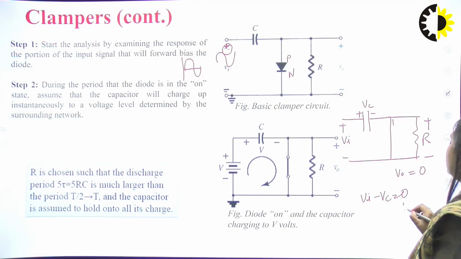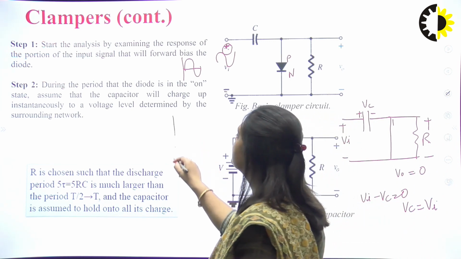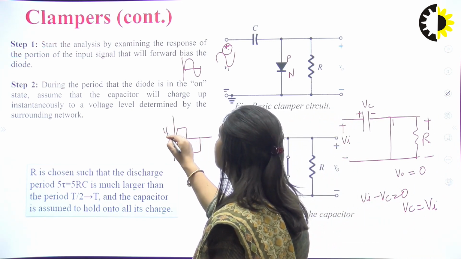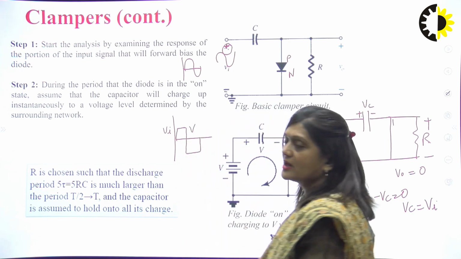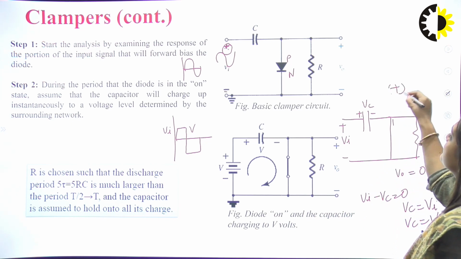We can see VC is equal to Vi. If we have provided this type of square waveform, the value of Vi is capital V. So here VC would be equal to V. So this is the case when the diode is operated in the positive half cycle.